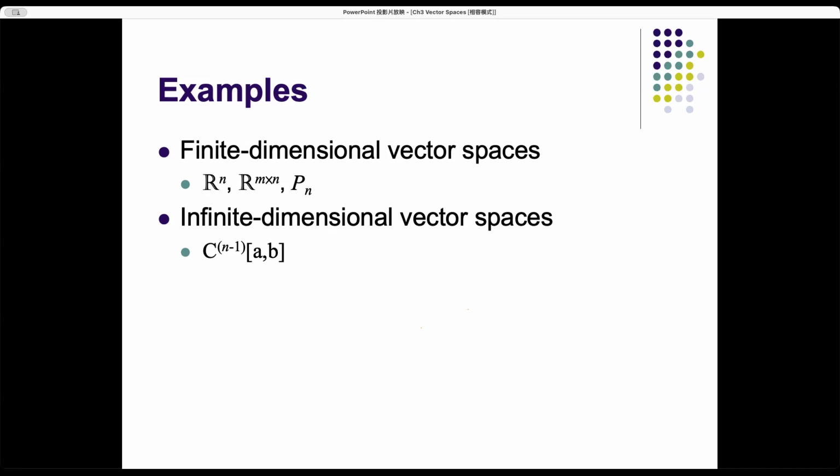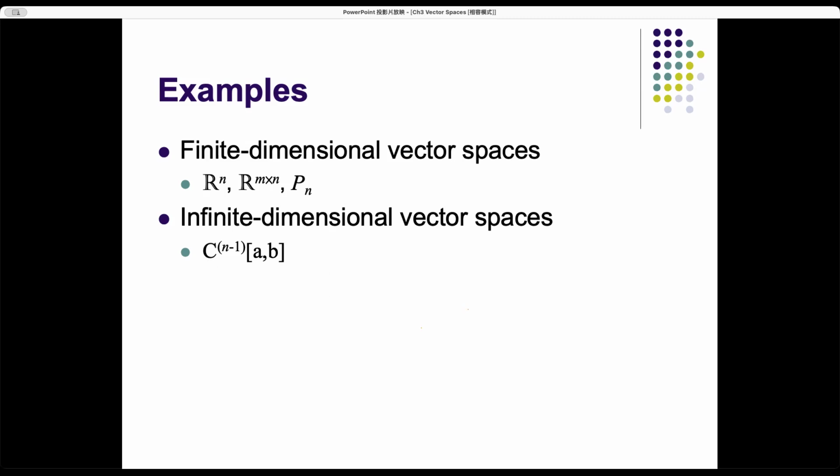Then the dimension is infinite already, because for the previous Pn, we bound the polynomial degree to be n. But here, the polynomial degree n can be any number, not to mention all the other possible functions out there.